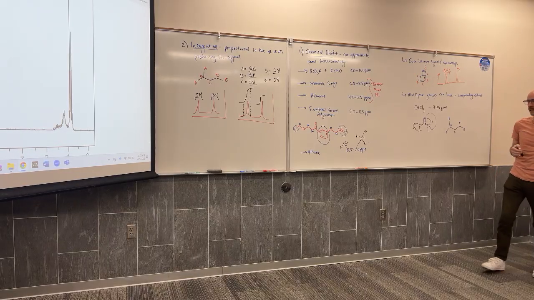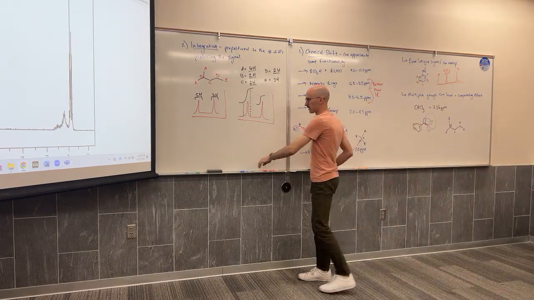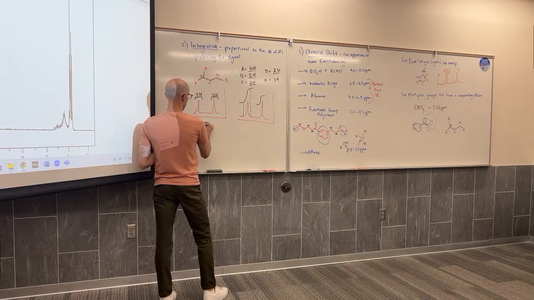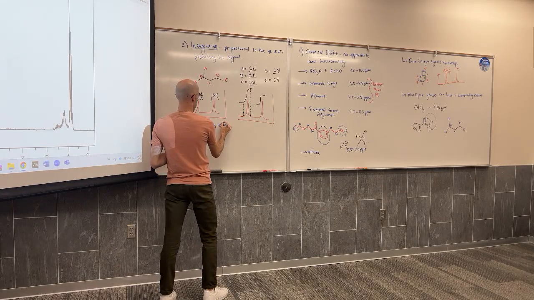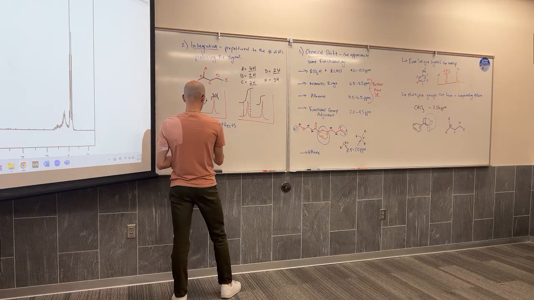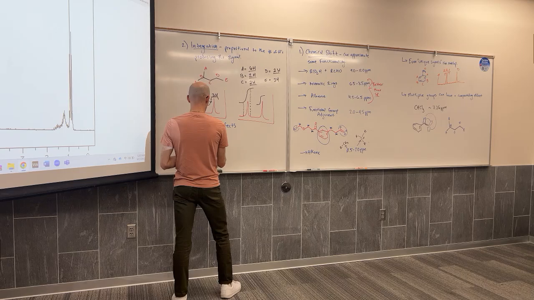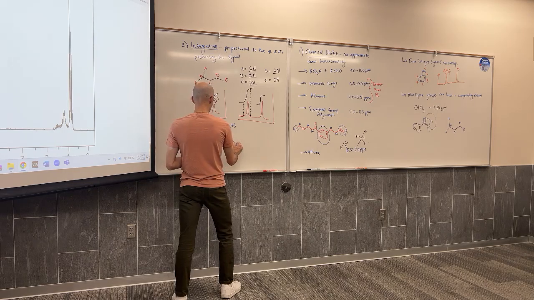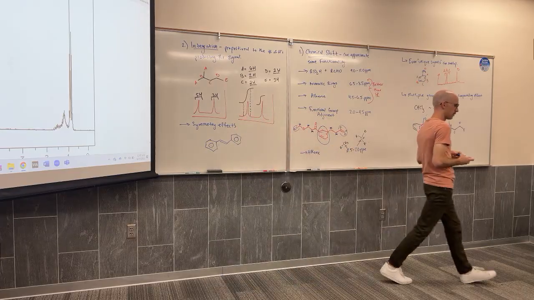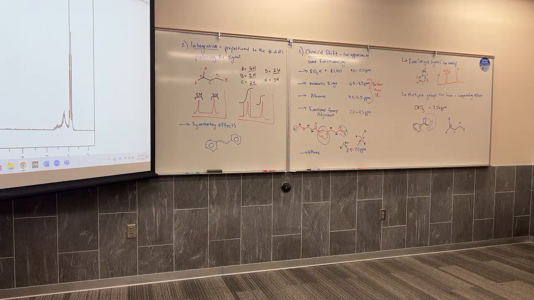Okay, so let's look at an interesting example here and look at how symmetry affects this. This compound is called trans-1,2-diphenylethylene.